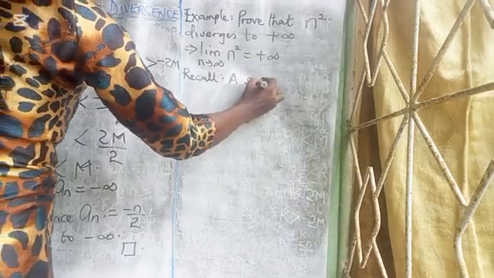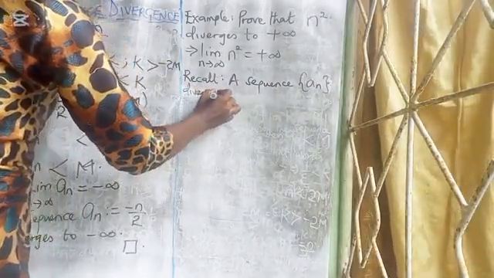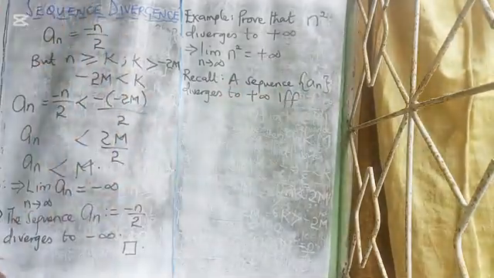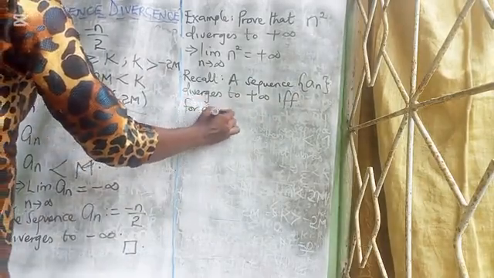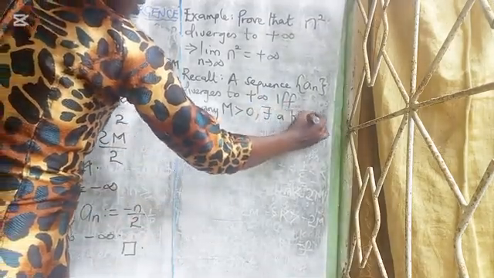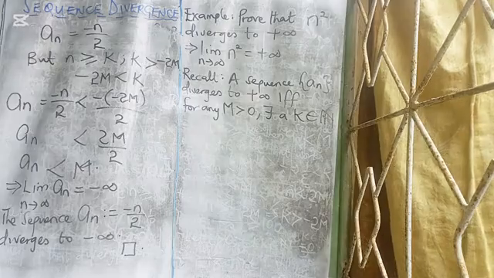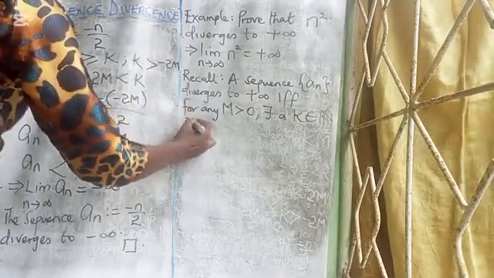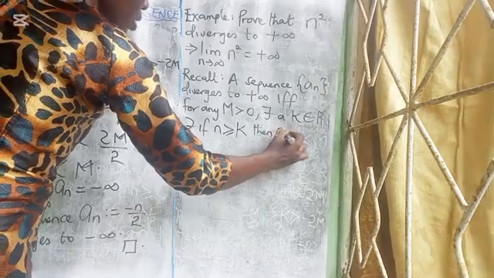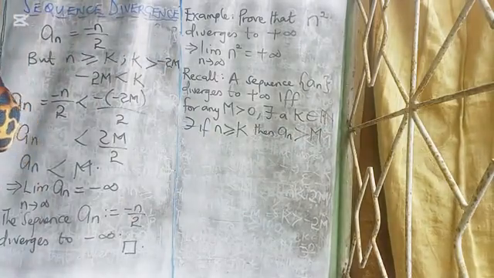It says a sequence a_n diverges to positive infinity if and only if for any M greater than 0, there exists a k belonging to the set of natural numbers such that if n is greater than or equal to k, then our sequence a_n will be greater than M.